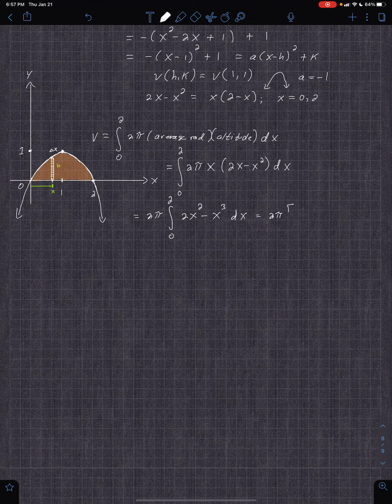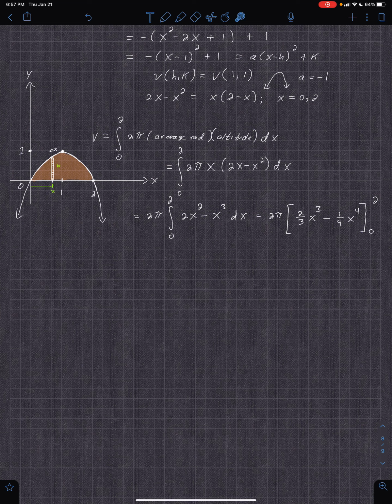And now I can evaluate it. So 2 pi, and then it'll be 2/3 x cubed minus 1/4 x to the 4th, evaluated from 0 to 2.